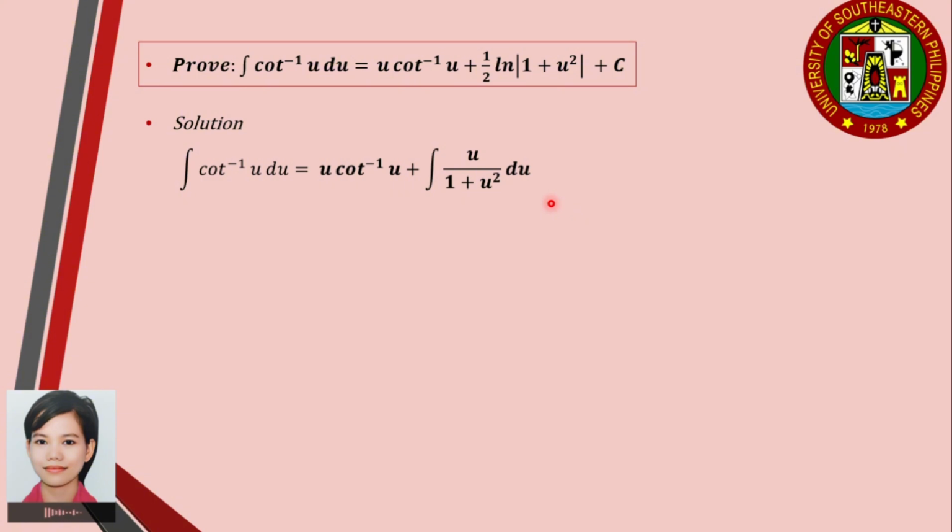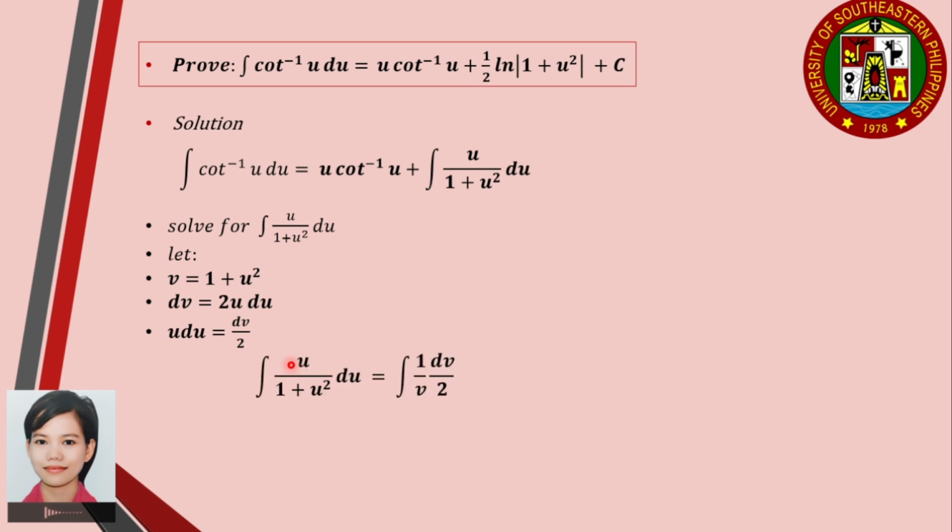So this one, we are going to integrate na. So solve for the integral of u all over 1 plus u squared du. For this one, we're going to let the v be equals to 1 plus u squared. So the derivative of v is equals to 2u du. So we have the u du equals to dv all over 2 or dv halves instead.